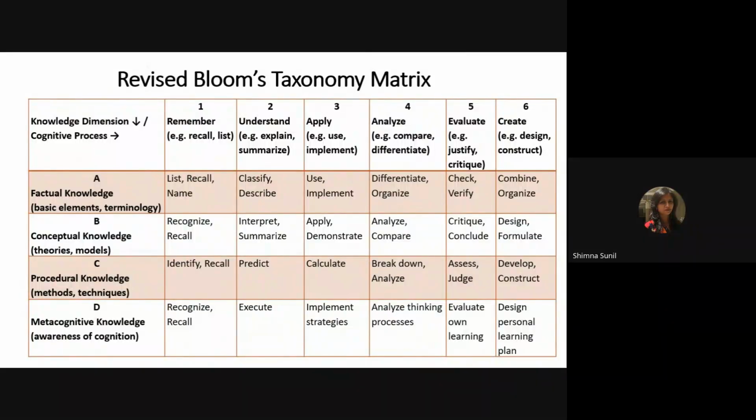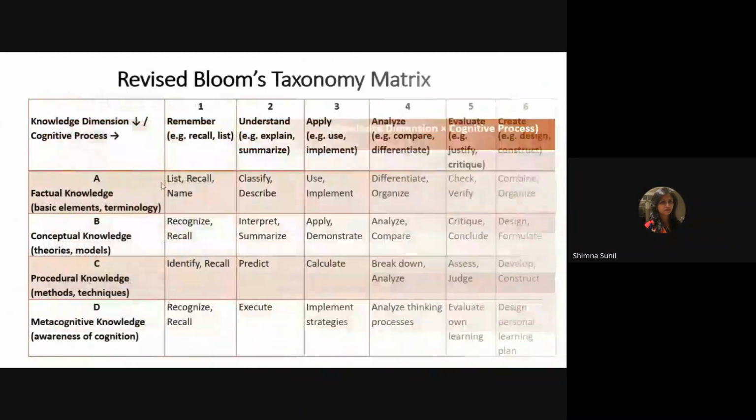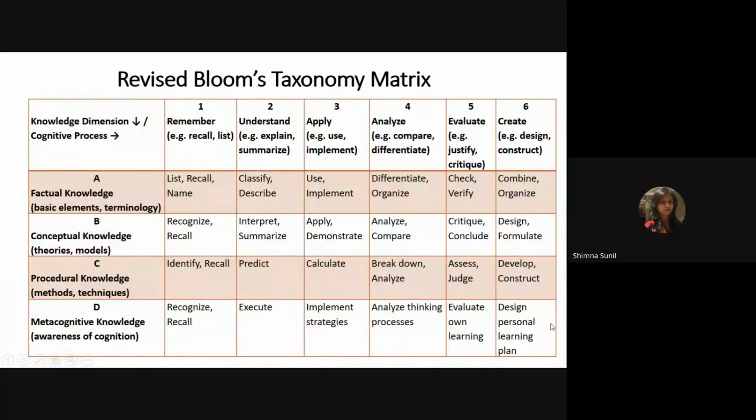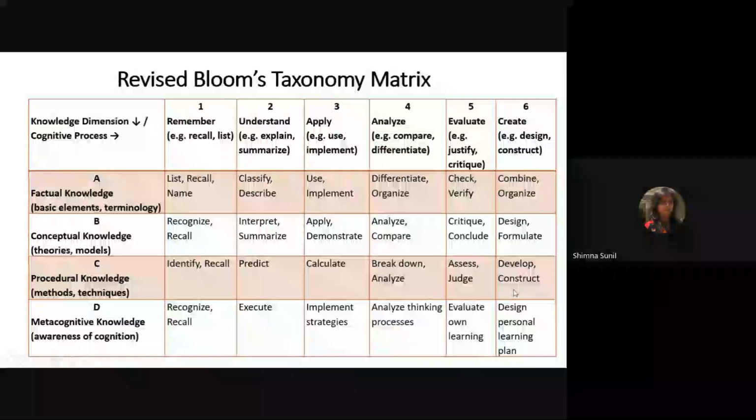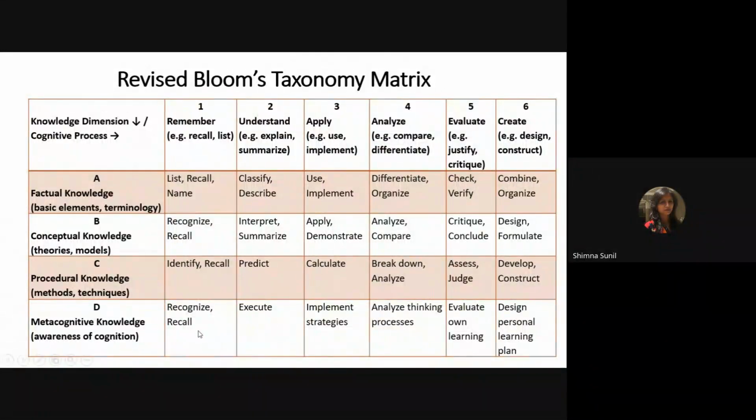If you have this grid, dear friends, it will really help you to move from this level to this level. That is from list and recall to combine and organize, from recognize and recall to design and formulate, from identify to develop and construct, and from recognize to design a personal learning plan.